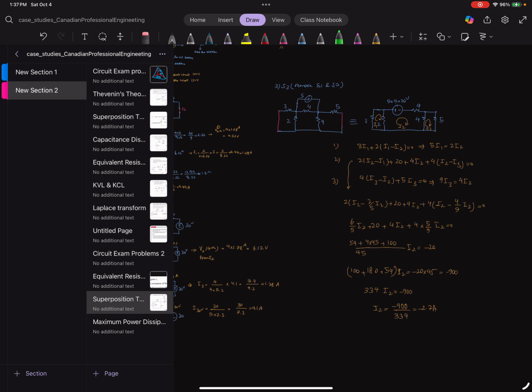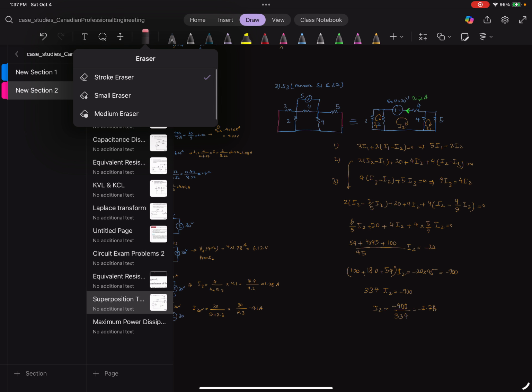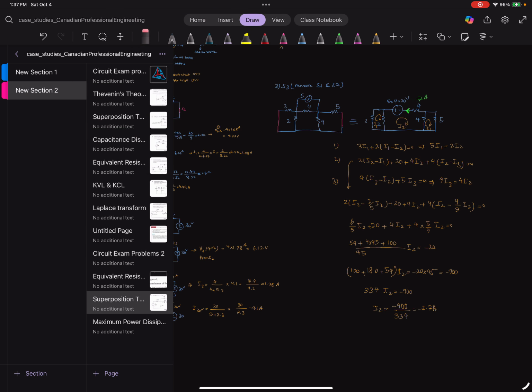This I2 that we considered turned out to be minus. So we have 2.7 amp in the other direction. This minus says the direction of I2 that you considered is not right. You have to do 2.7 amp in this direction.